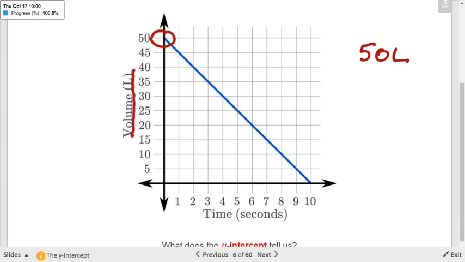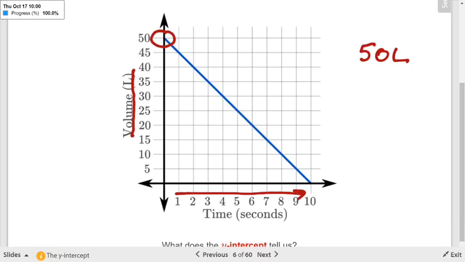Now, what do you notice about the line as it goes on? It goes down, because the amount of water that you have in the tub is going down. And over more and more time, you get less and less volume of water. Makes sense? Okay. Good.